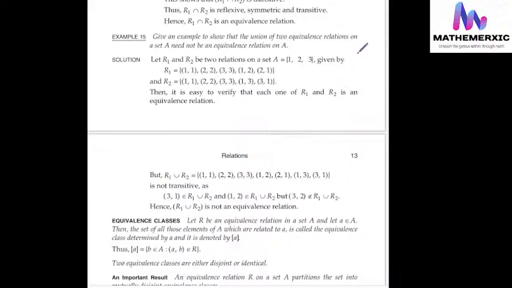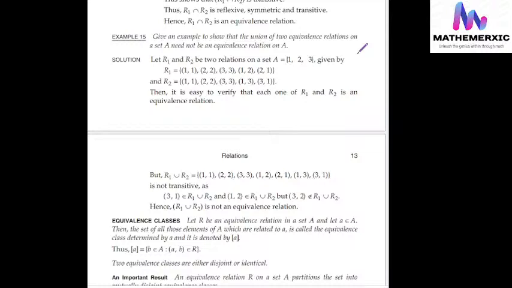Give an example to show that the union of two equivalence relations on a set A need not be an equivalence relation on A. So let R1, R2 be relations on the set A = {1, 2, 3} given by R1 = {(1,1), (2,2), (3,3), (1,2), (2,1)}, and R2 is the same along with (1,3) and (3,1).